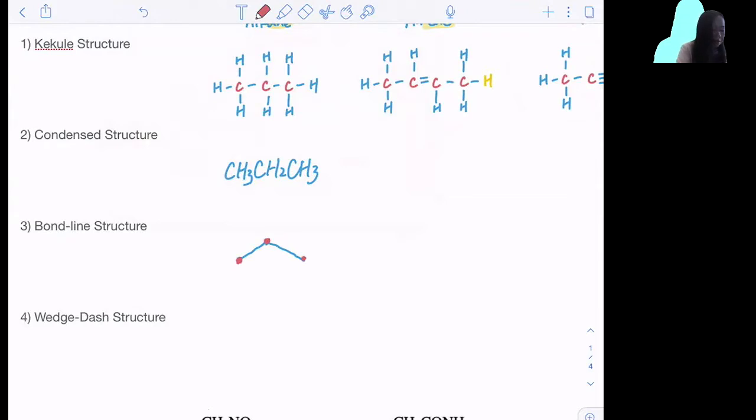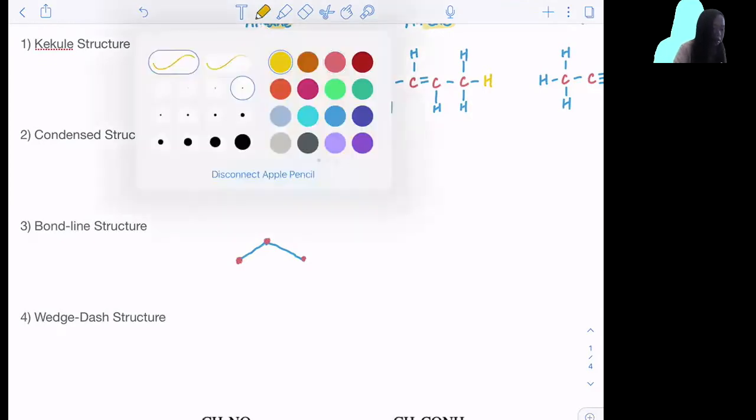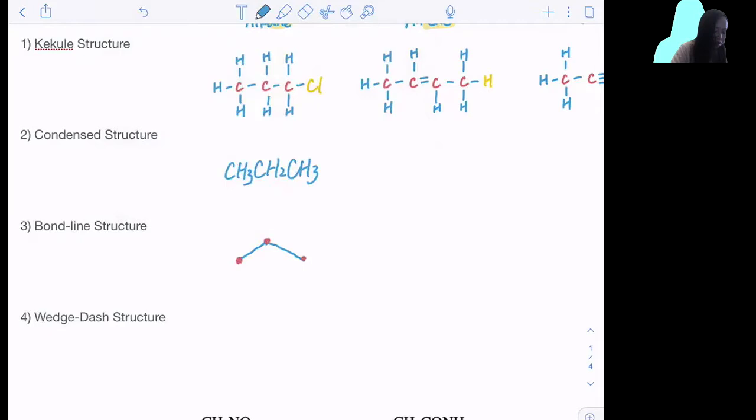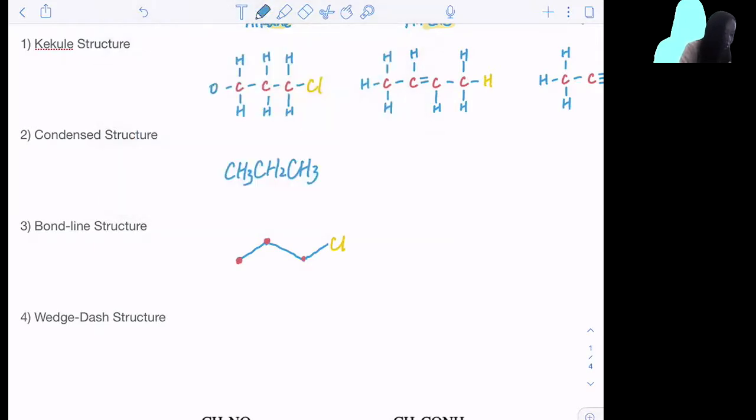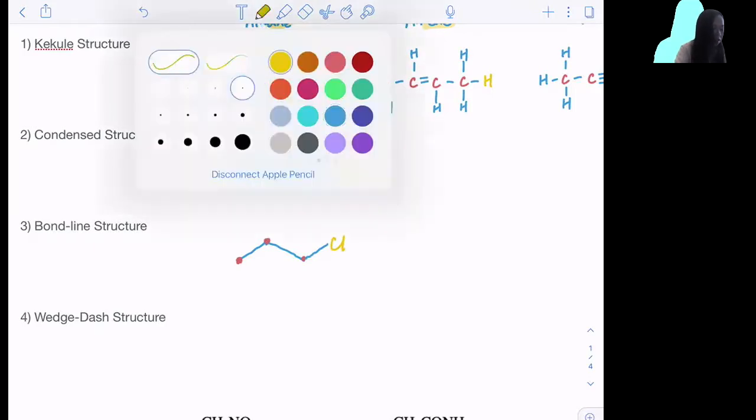But if it's something else, for example, if I change this one into chloro, then you need to draw that chloro out because it's no longer a hydrogen. If I change this hydrogen into OH, do I have to draw the H out? Yes, you have to.